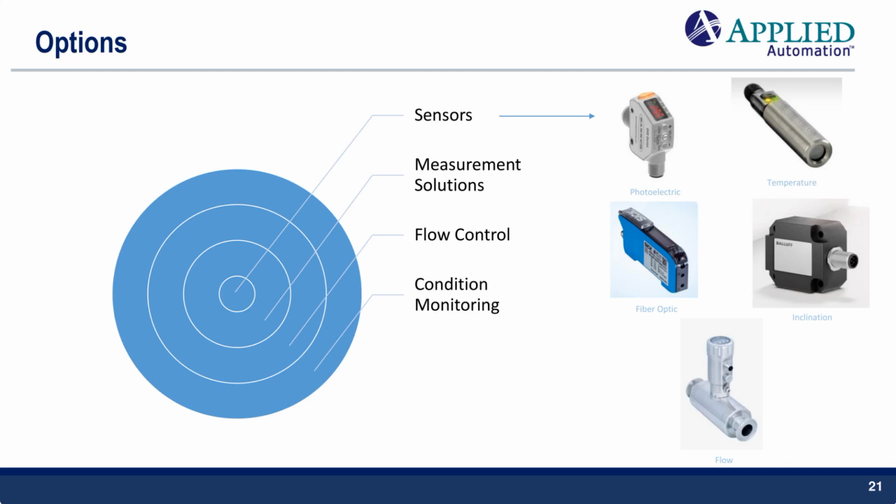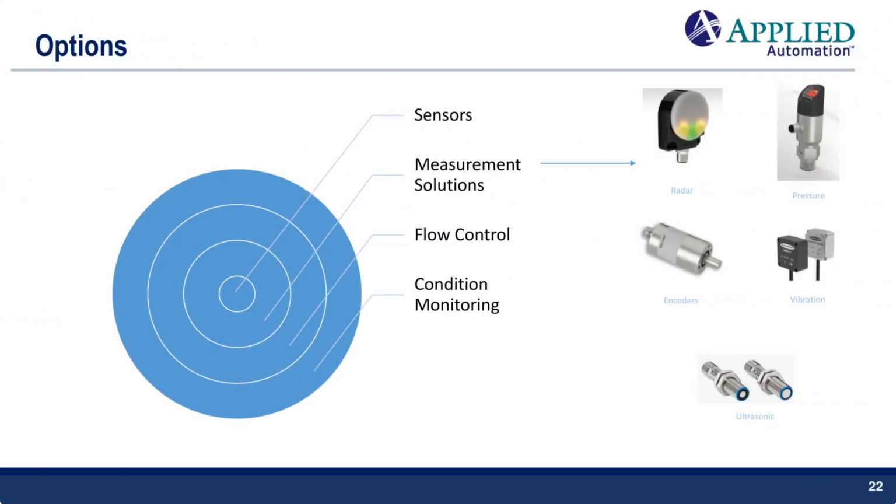So the sensors, the wide range we have, there's a humongous booklet and pamphlet that goes through all of our different suppliers, how many options we have. So we're very fortunate with that, but they range from photoelectric sensors to temperature to fiber optic, inclination, and flow sensors. And then we also have options for measurements.